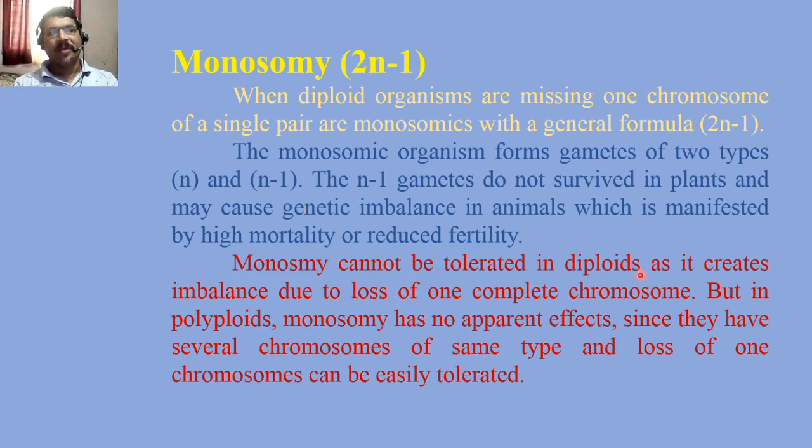Monosomy cannot be tolerated in diploids as it creates imbalance due to loss of one complete chromosome, but in polyploids monosomy has no apparent effect since they have several chromosomes of the same type, and loss of one chromosome can be easily tolerated. In diploid organisms monosomy will cause problems because only limited chromosome sets are present.